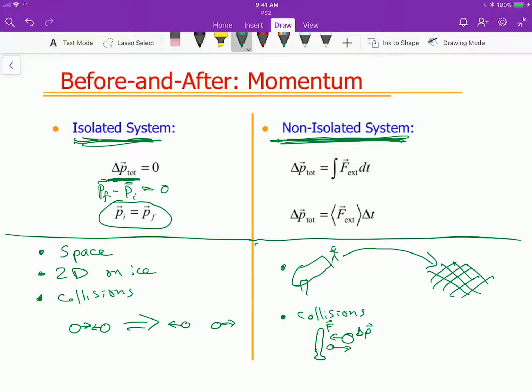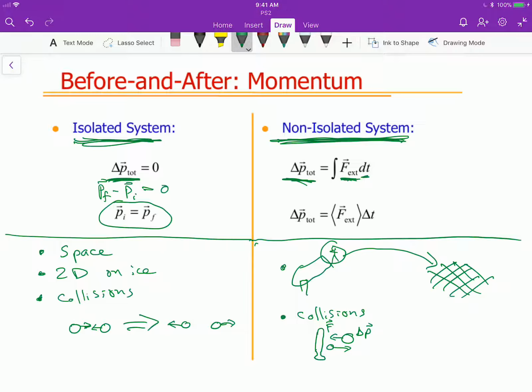In these situations, we'd find the change in the momentum of, say, the person or the ball by looking at the external force acting on it and integrating it over time. If the force changed in time, we'd have to integrate the function of the force as a function of time.